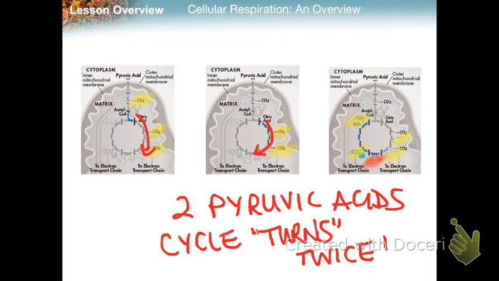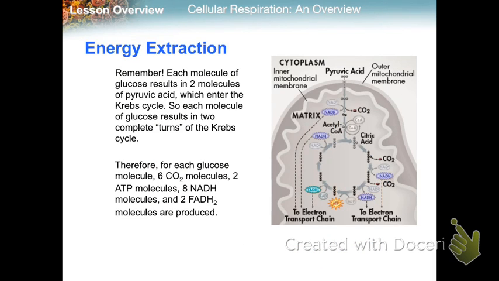We have two pyruvic acids that run through this Krebs cycle. And that's what I have indicated here on this slide. 2 molecules of pyruvic acid enter the Krebs cycle. Each molecule of glucose will turn the Krebs cycle twice.